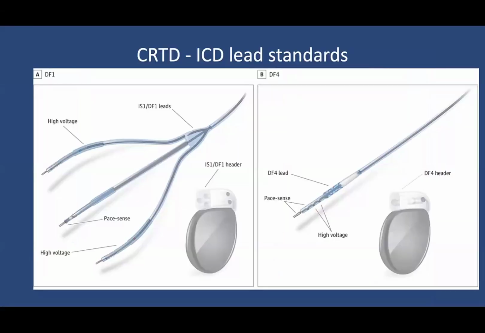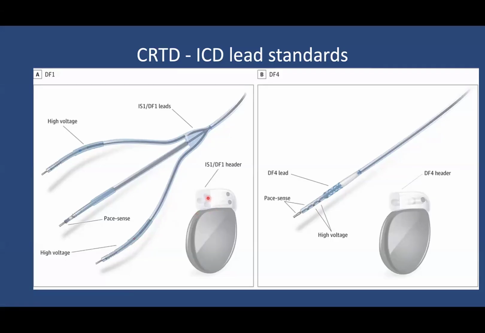I'll talk briefly about CRT ICD leads. On the left-hand side, we have the original, what we used to call the IS1 DF1 leads. This lead would go to the patient, to the ventricle, and it would trifurcate into a pace sense or IS1 lead, and either one high voltage lead if it was a single coil lead, usually the right ventricular coil, or two high voltage leads if it was a dual coil lead.